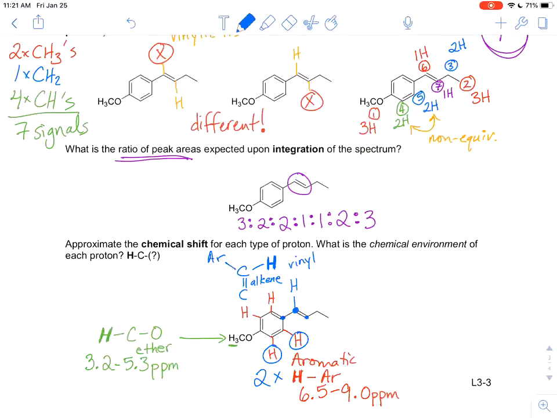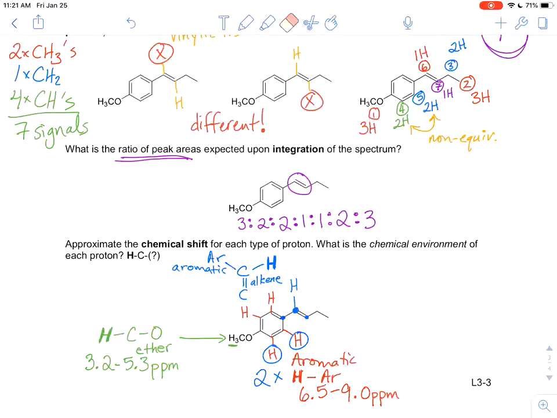So it fits into two different categories because it's next to an aromatic group and an alkene. That just means it's going to be even more deshielded. We can fit it into two categories, but we're going to choose the higher one as representative.